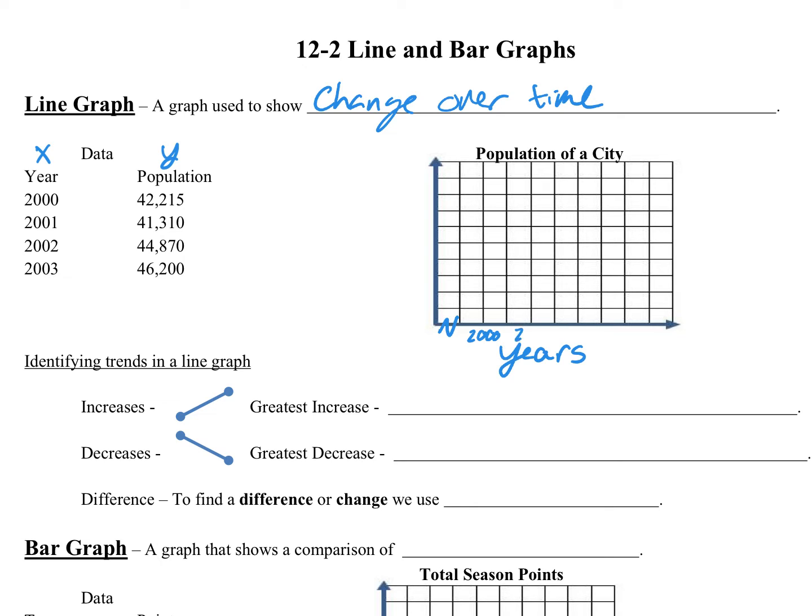So we got 2000, then 2001, 2002, so I'll put some little markers where I mean these to be, and then 2003. And we want to be graphing on our y-axis the population of, we're looking at a city here, population of the city. So our data values are, the smallest one is 41,000, the largest one is 46,200.